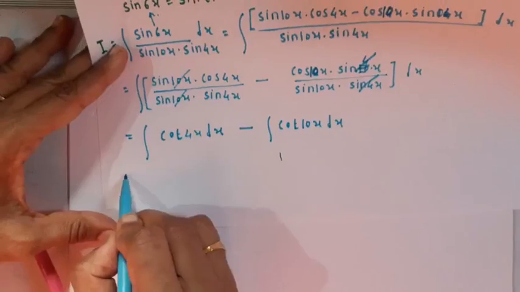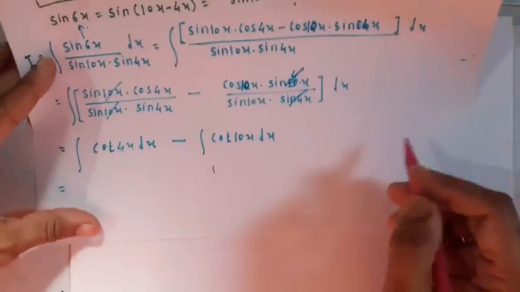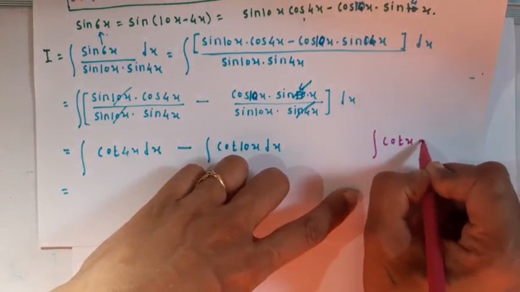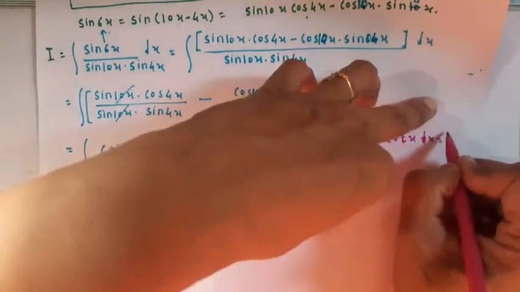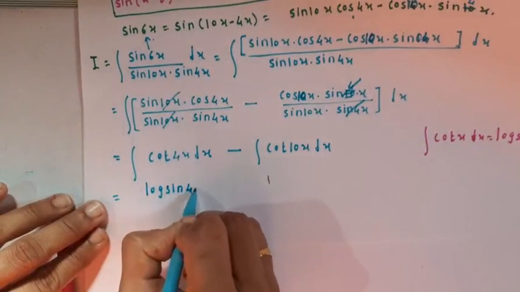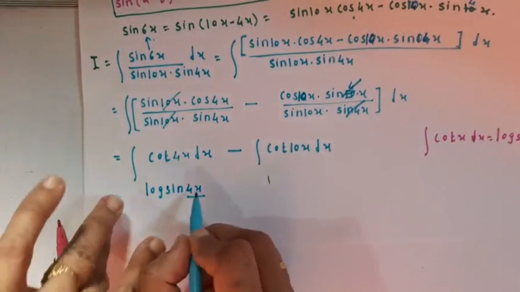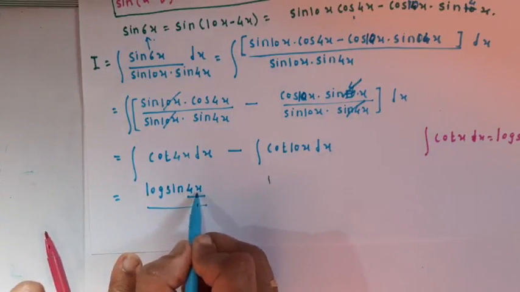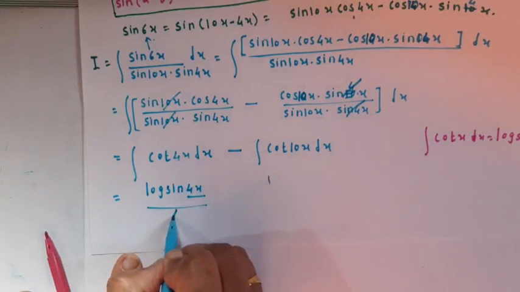Now we know that the formula for integration of cot of x with respect to x is log of sin x. So cot of 4x gives log of sin of 4x. But 4x is again a differentiable function and its differentiation is 4, so in case of integration divide it by 4.